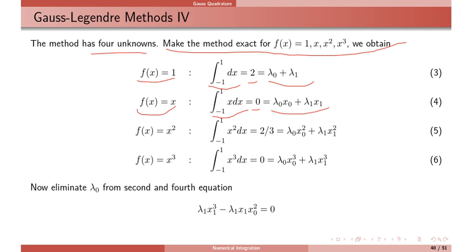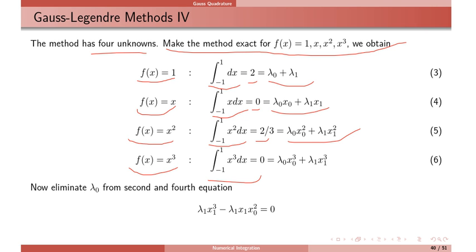Then fit f(x) equal to x square. The left hand side is the integral of x square, so the answer is 2 by 3. The right hand side is lambda 0 f(x0), where f(x0) is x0 square, plus lambda 1 f(x1), where f(x1) is x1 square. Then fit f(x) equal to x cube. The left hand side, the integral of x cube, is odd from -1 to 1, which is 0.